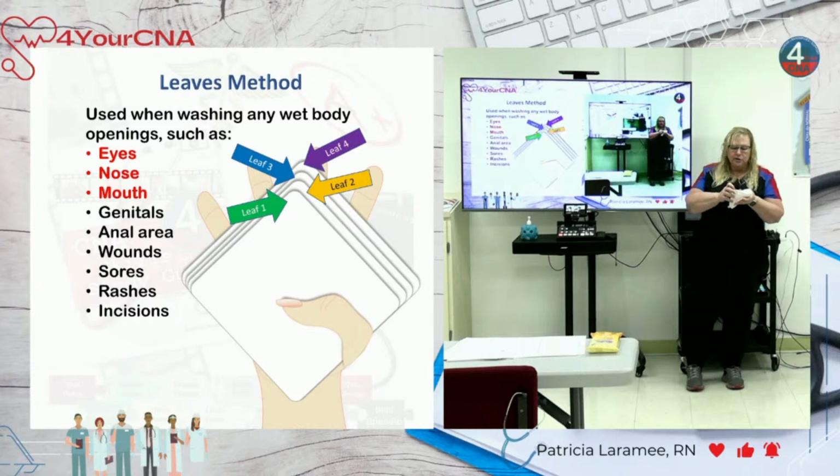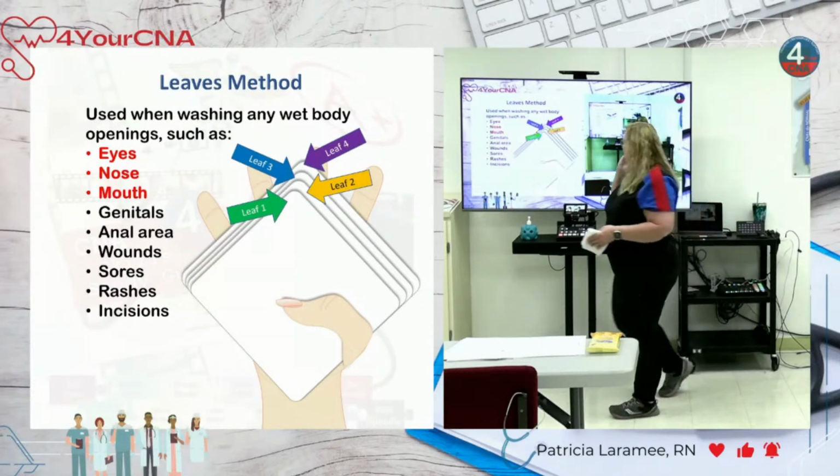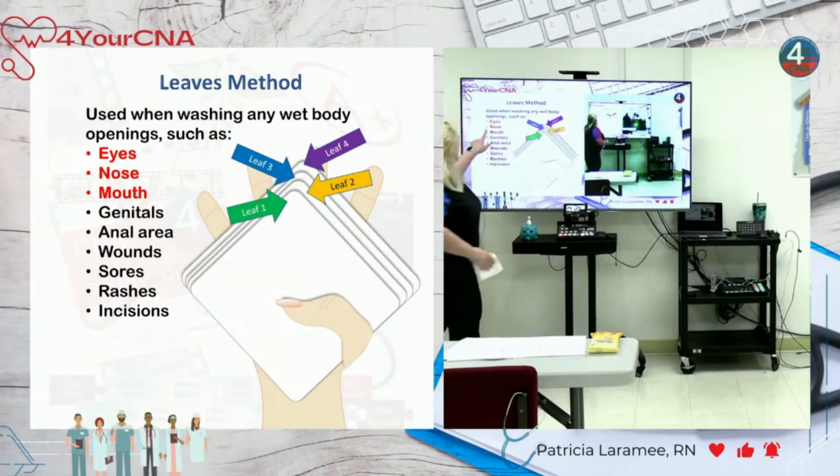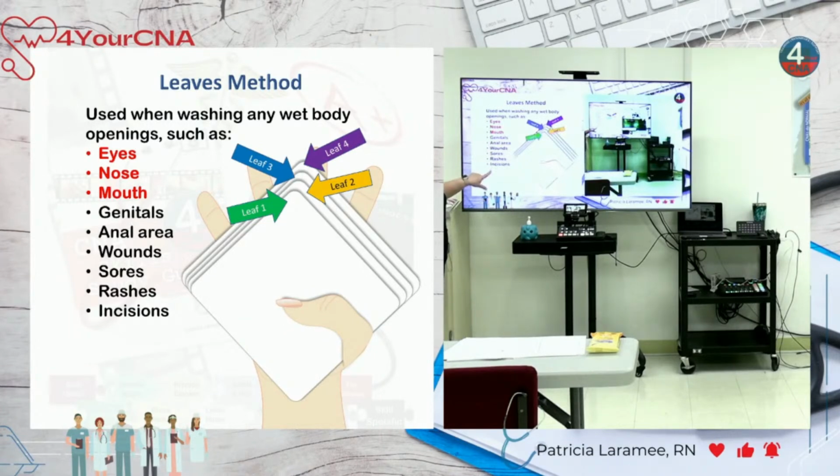We're going to use the leaves method anytime we're washing any of these. The eyes. So I'm going to take my washcloth and wipe inner to outer corner on one eye, fold that over, inner to outer corner on the other eye with the second leaf, fold that over.